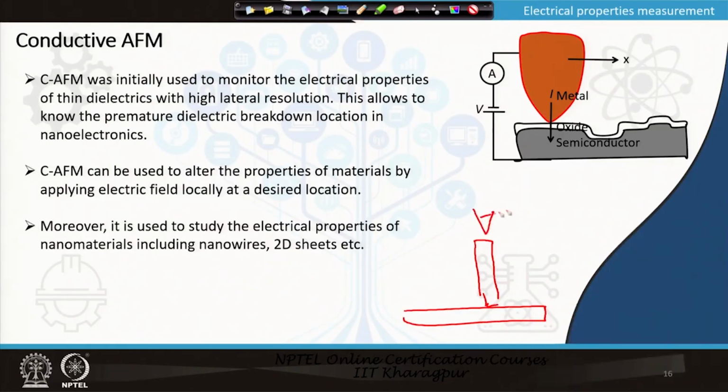Now, the AFM tip can contact the tip of this nanorod, and here is a conductive surface. We can give a potential difference between these two, and then measure the current, and by measuring the current, we can plot the IV characteristic, and thereby measure the electrical characteristic of a single nanorod or single nanotube. All these can be measured by conductive AFM.